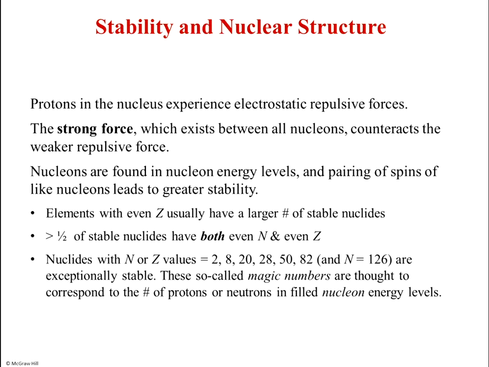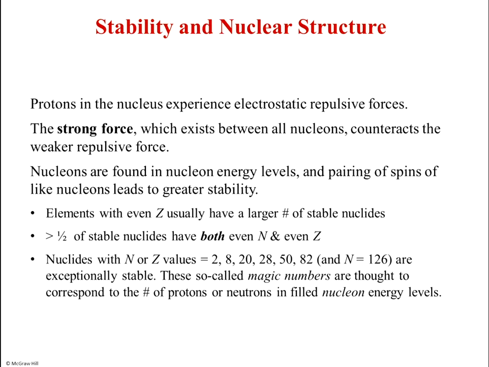So the 1s2, 2s2, and 2p6. And of course, you can fill up a D level and fill up an F level. And so you find that certain numbers of electron counts are particularly stable, like for our noble gases. The same thing goes for nuclides. There are simply magic numbers where you fill up the available energy levels to make particularly stable structures.